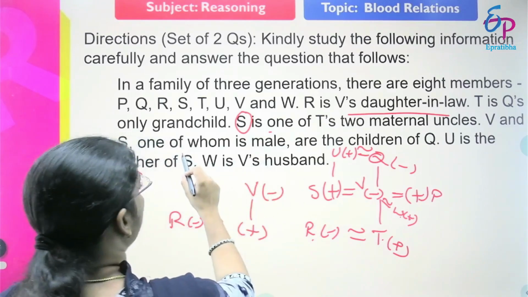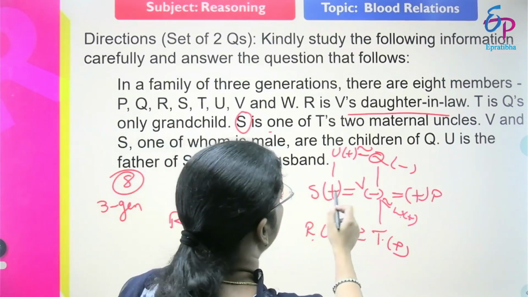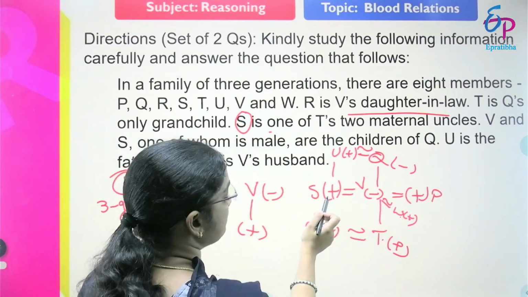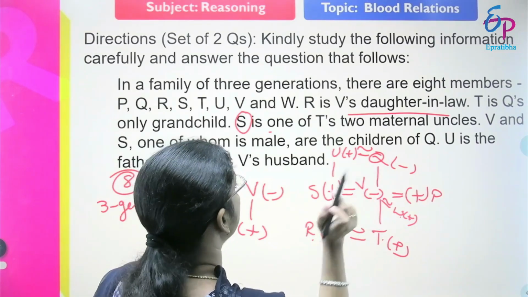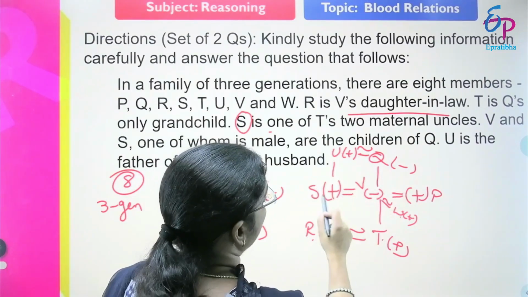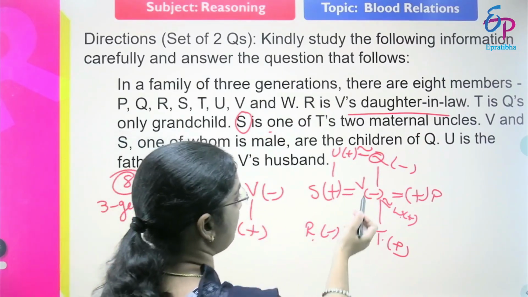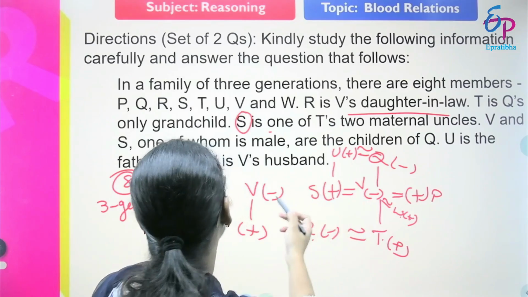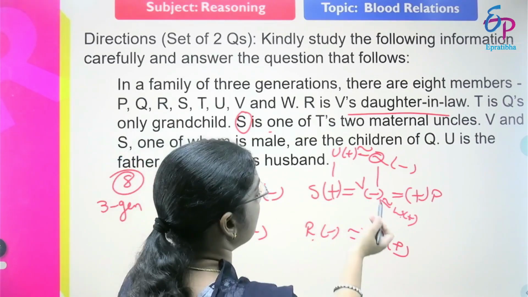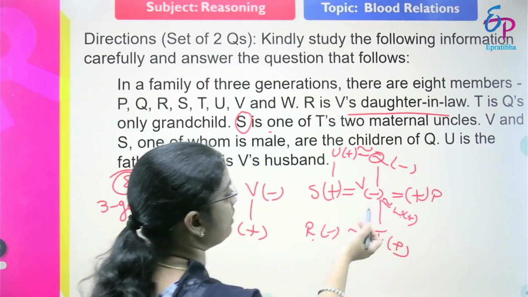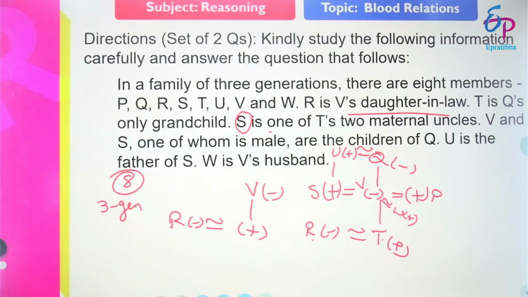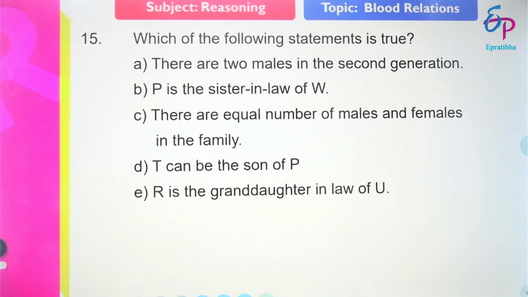V and S, one of whom is a male. That means S is a male, so V is a female. S and V are children of Q. U is the father of S. And W is V's husband. We are taking that also. Then move to the questions for this information.